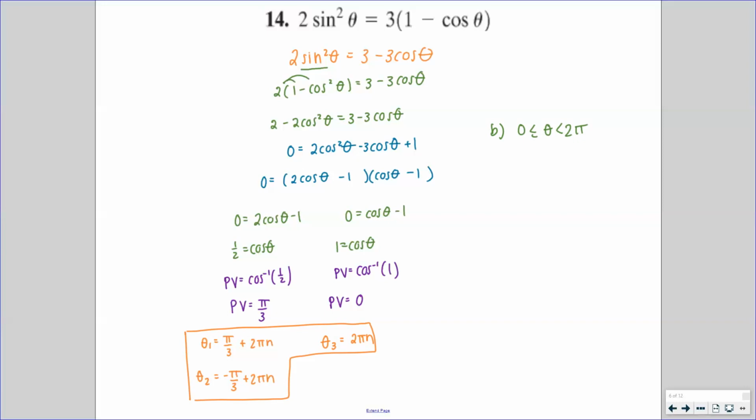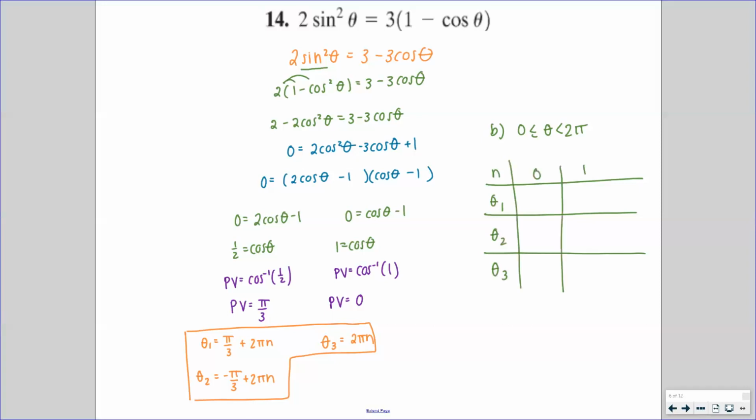All right, particular solutions between 0 and 2 pi. Do this however you'd like. I'll make a table for this because I've got a few equations to keep track of. And then we start. When n is 0 in theta 1, we get pi over 3. But when n is 1, we get 2 pi plus pi over 3, that's greater than 2 pi.